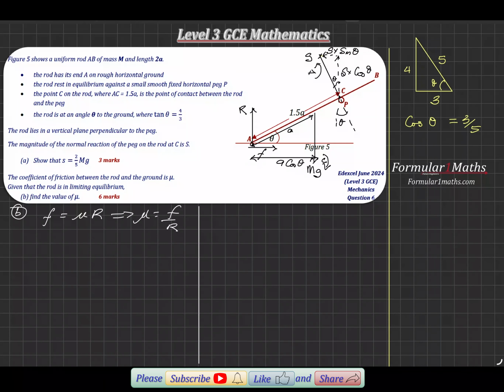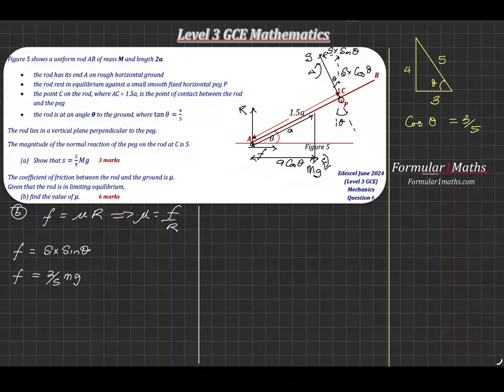So if I write the equation down, I have the frictional force F is equal to S times sine theta, which means that F is equal to 2 over 5 mg, because we found that in the first part of the solution, S is that, times sine theta.